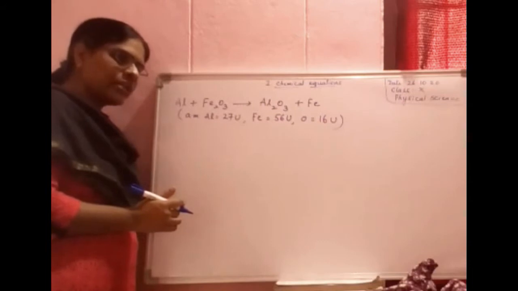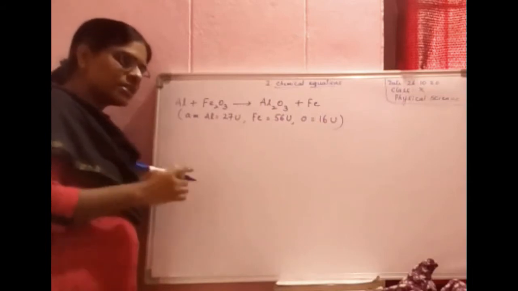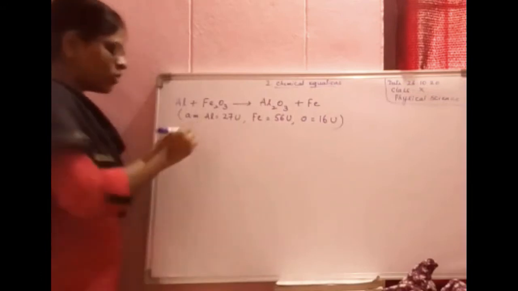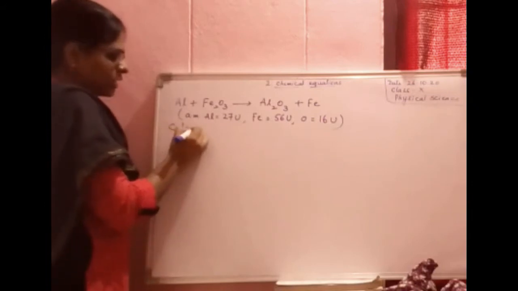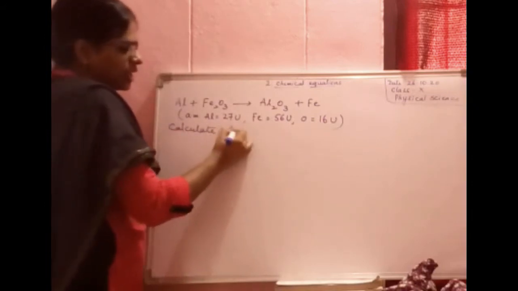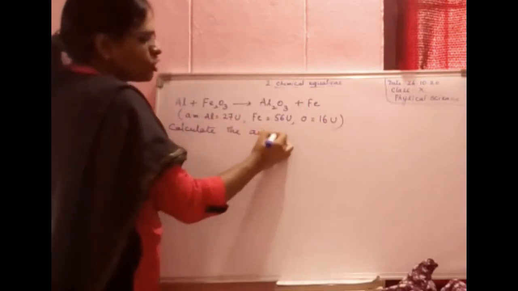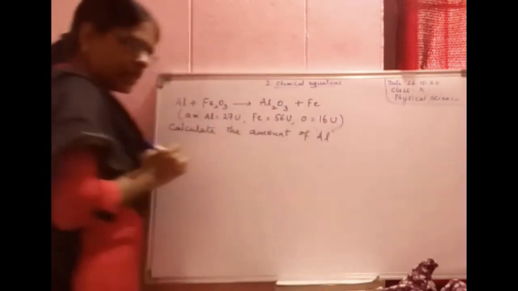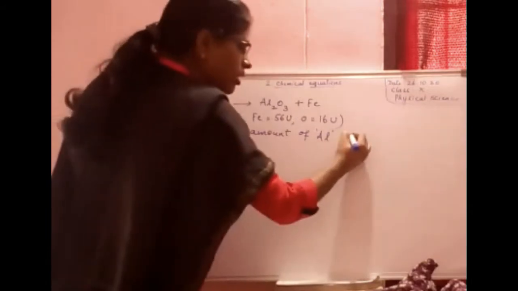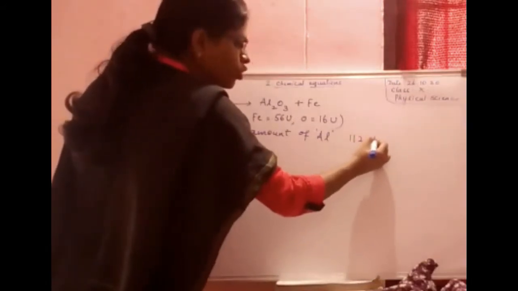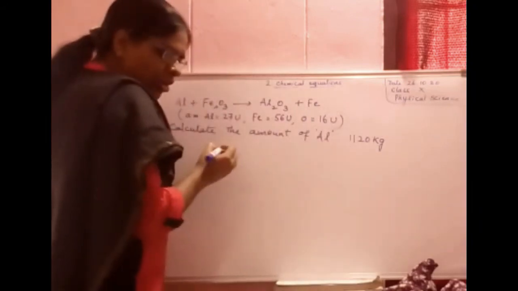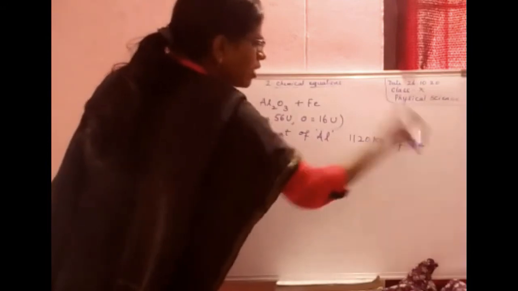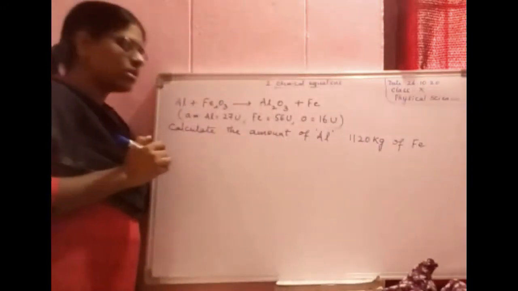Now, the question is: calculate the amount of aluminium required to get 1120 kg of iron from the above reaction.